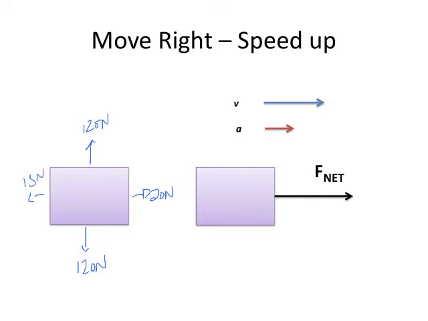When you draw a net force diagram, you can still have mass on the inside, but the only force you draw is your net force. Since in the y direction everything cancels out, you don't need anything in the y direction. And then in the x direction, you take your two forces. The 20 newtons to the right is positive.